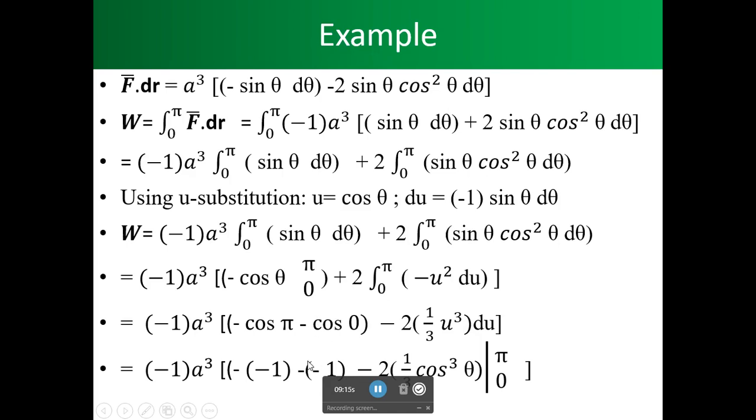So that's 2 cosines, and the cosine of pi is minus 1. We have a minus 2 thirds, but this is the cosine cubed theta from 0 to pi.